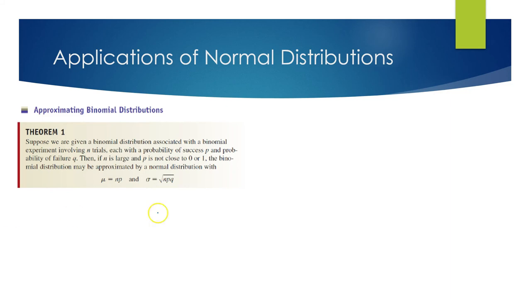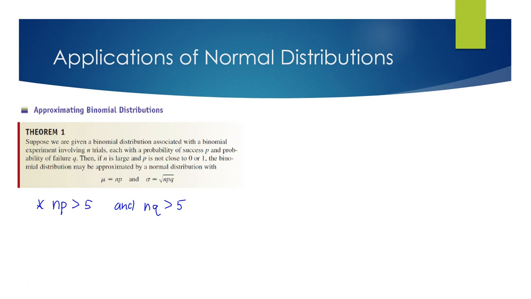The way they state it here is that if n is large and p is not close to 0 or 1, they're kind of vague on this. But typically in a lot of statistics books, the condition under which you can use a normal distribution to approximate a binomial distribution without losing a whole lot of accuracy is that both n times p and n times q have to be greater than 5.